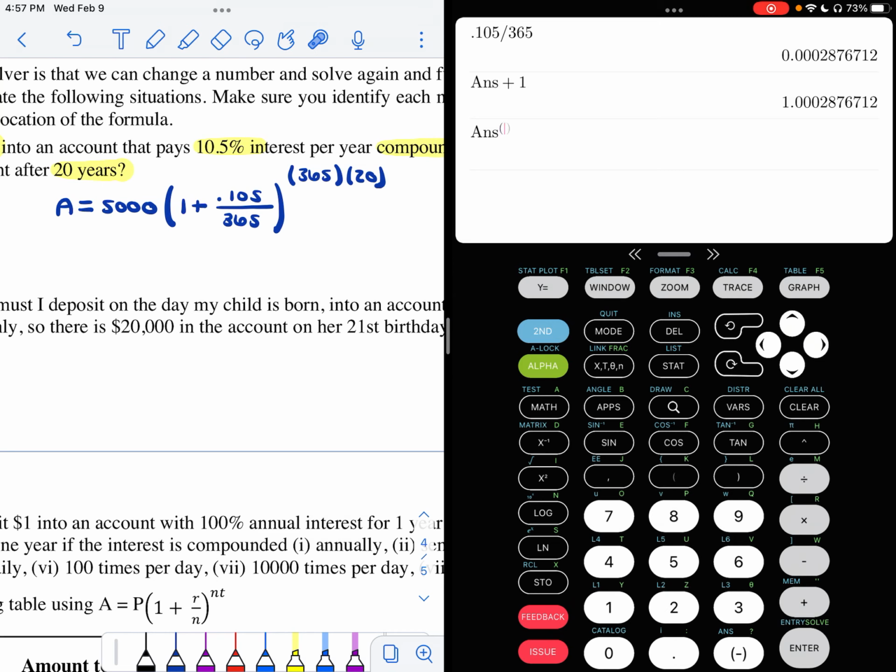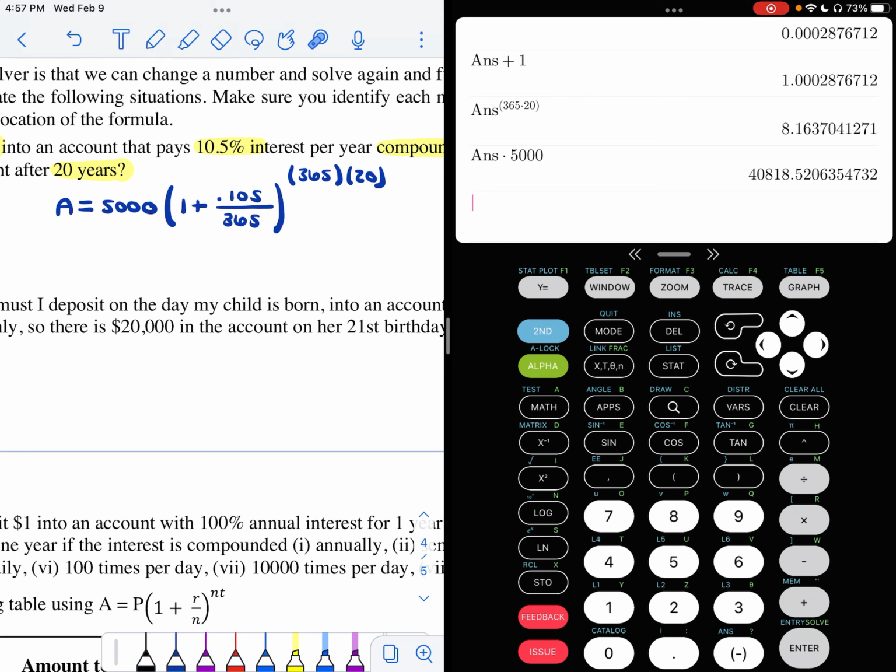And then I'm going to do a parenthesis and then the 365 times 20, end parenthesis, and hit enter. All right, so that's given me all of this right here. And then lastly, we need to multiply by the 5,000. So again, I'm just going to hit times. It's going to take my previous answer and I'll do my 5,000.